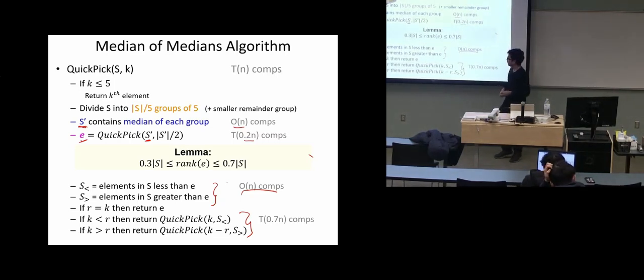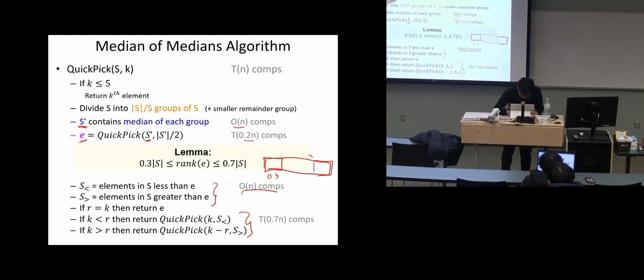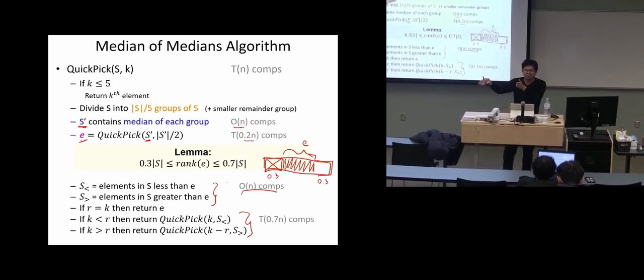Because E is between this fraction, whichever side you throw away will have size at least 0.3, so the side that you recurse on is at most of size 0.7.